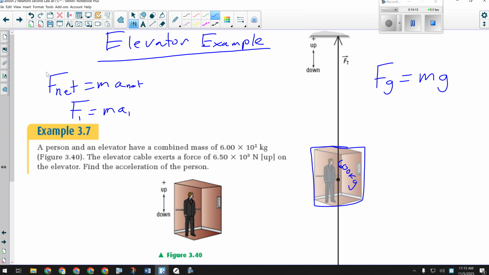So if I know the mass of the elevator, can I find the weight of the elevator? Again, I just have to multiply the weight, or sorry, the mass. I almost did it myself there. The mass of the elevator by 9.81.